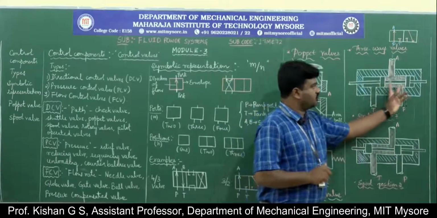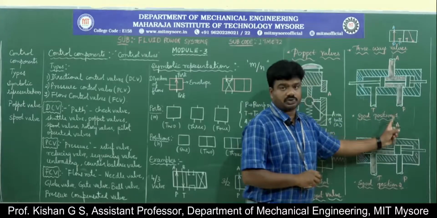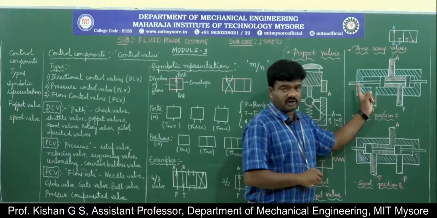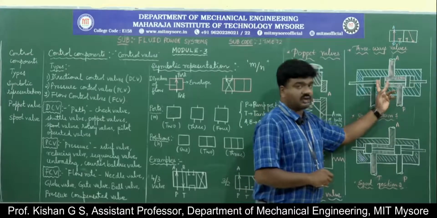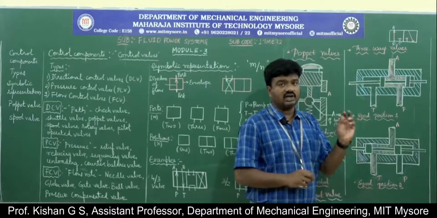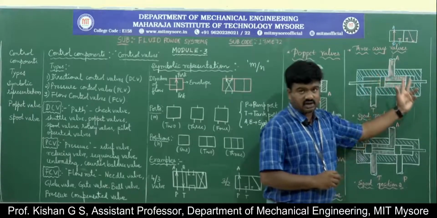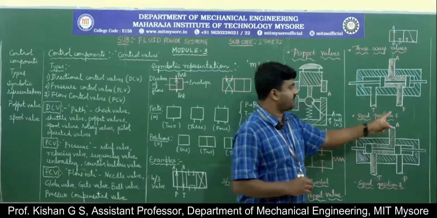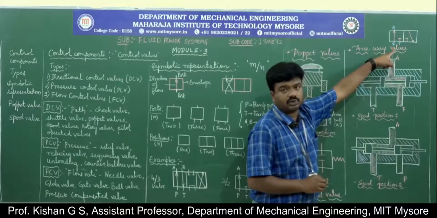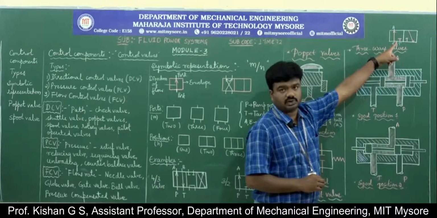Here, the movement of the spool is the consideration. You can observe spool position 1. The movement of the spool is towards the right side. When the spool is moved towards the right, there is an opening provided from the pump port to the system port. There is a flow taking place from the pump port to the system port.